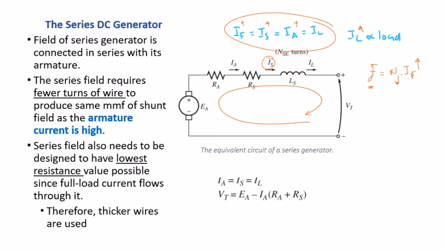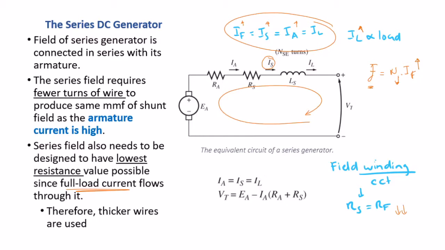Because a very high current flows through the series field winding, or the field circuit, we want its resistance, in this case RS or RF, whichever you want to use, to be as low as possible.